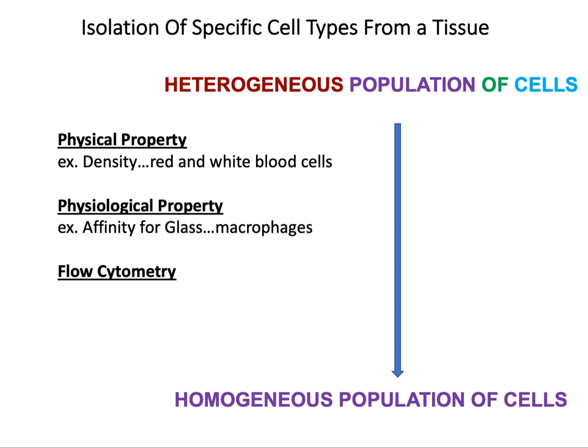For instance, if you have a mixed population of cells and within that population you have macrophages, the macrophages have an affinity for glass, so you take the mixed population of cells and expose them to a glass surface, allow the macrophages to adhere, and you can wash off all the other cells. This results in a fairly efficient purification of macrophages.